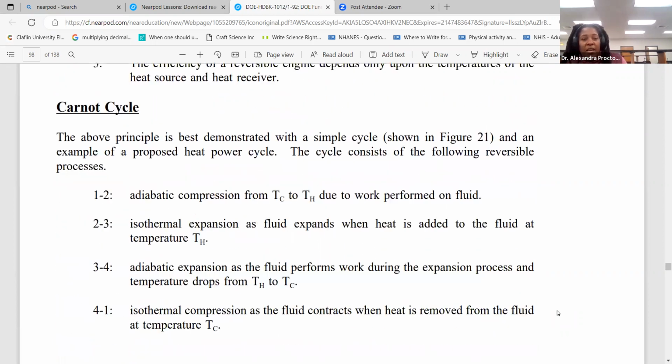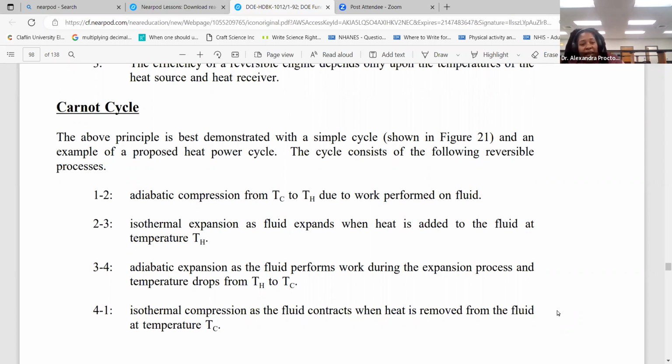So the Carnot cycle is best demonstrated with the cycle in figure 21, an example of the proposed heat power cycle. The cycle consists of the following reversible processes. You have adiabatic compression from TC to TH due to the work performed on the liquid. Then you have isothermal expansion of the fluid, which expands when heat is added to the fluid at some temperature TH.